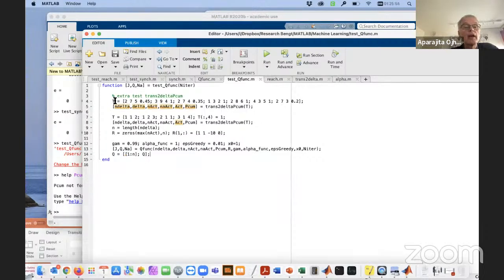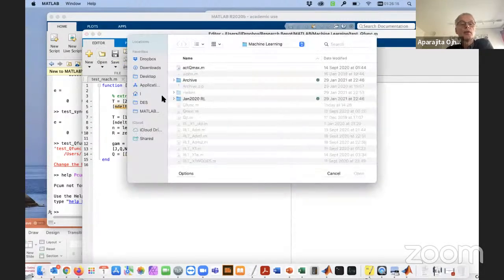So in this case, as a simple example, I have a given transition function. And I obviously have another function here also, trans to delta, including this PQM. Let's see if we can open that too.